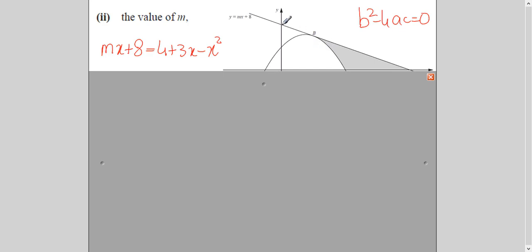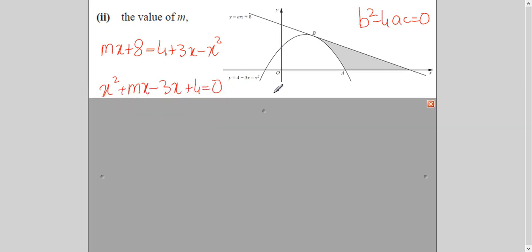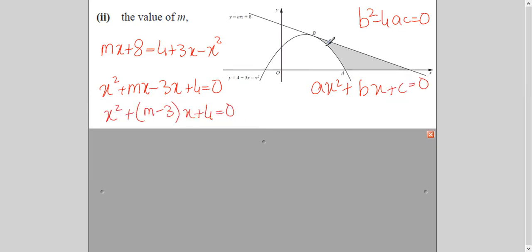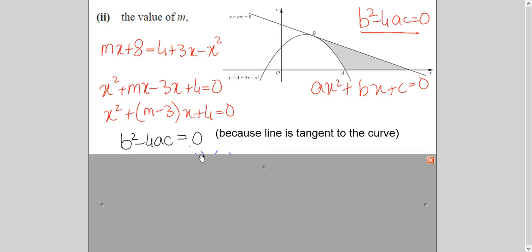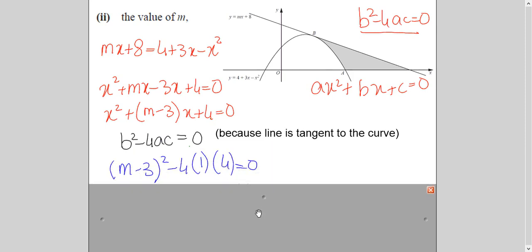So because the line is a tangent to the curve, I will equate them and bring it into a simple quadratic form, ax squared plus bx plus c, so that I can pick up a, b, c and substitute in the discriminant. Once I substitute, it will help me to find the value of M. I hope you understood this point.